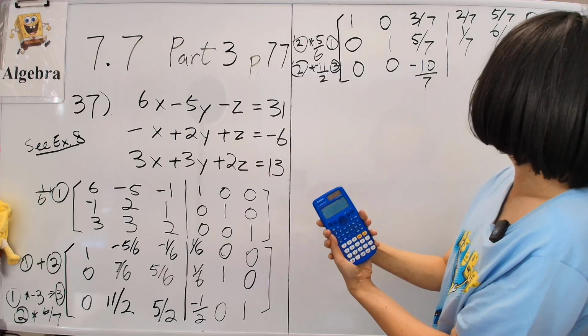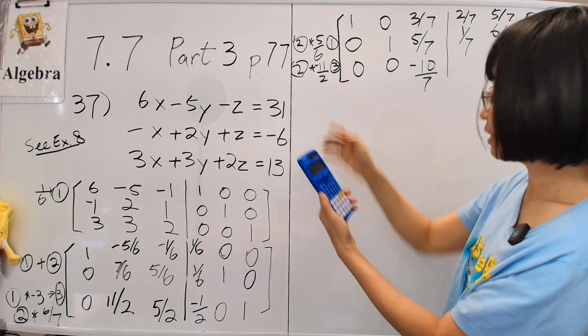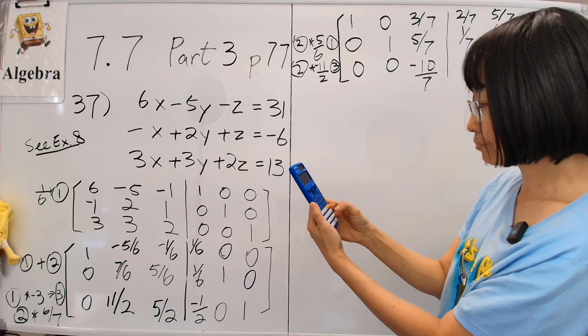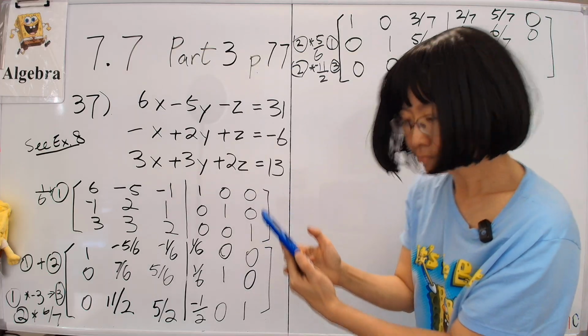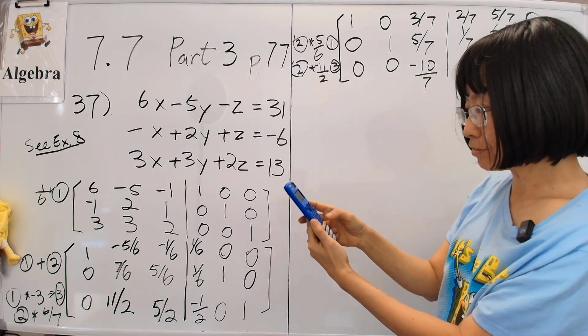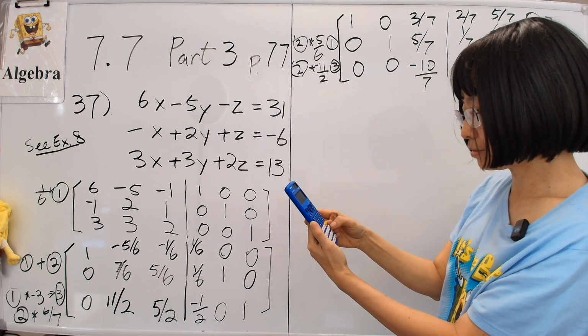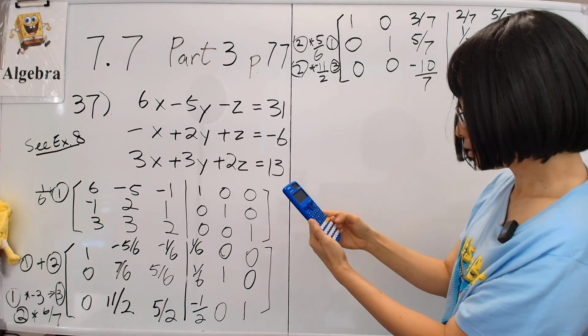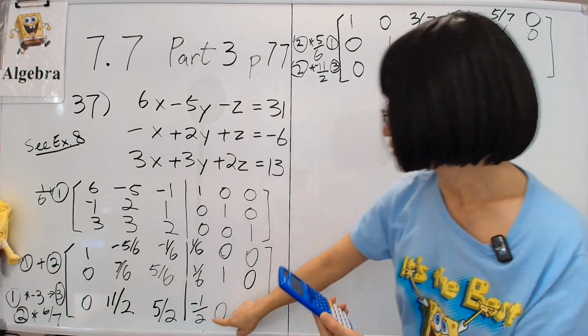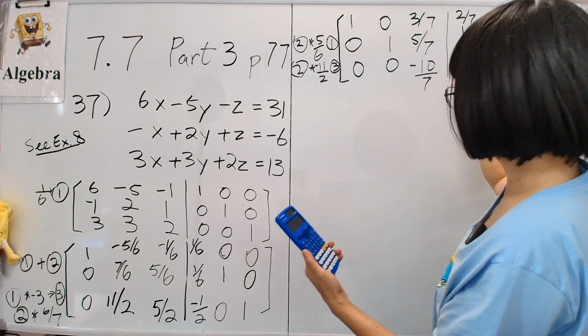Clear. And row 2, okay, that's 1 divided by 7 times negative 11 over 2 minus 11 divided by 2. And then plus, this one is going to be added to this, right? What are we doing?